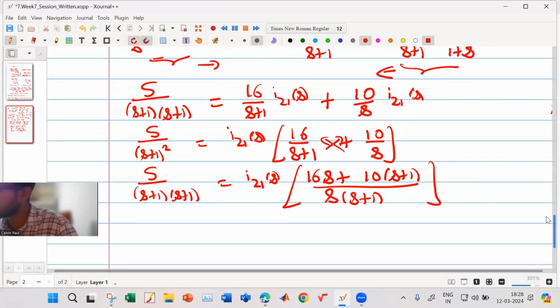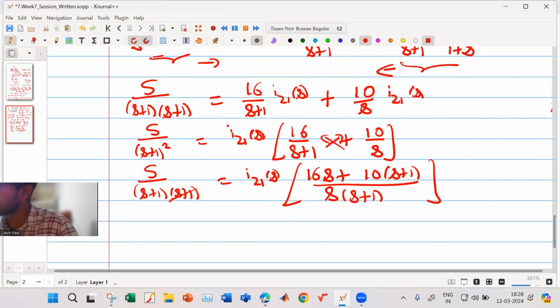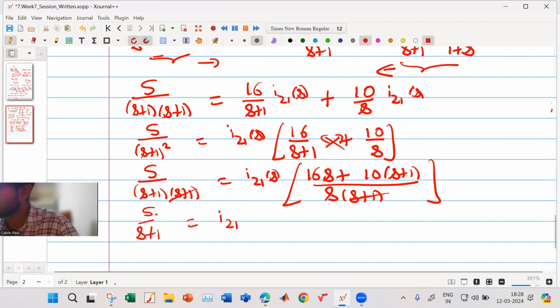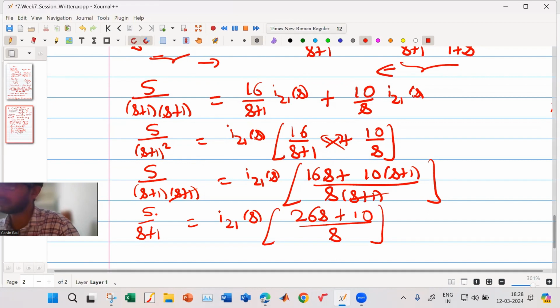So this S plus 1 and this S plus 1 get cancelled. So we have 5 upon S plus 1 is equal to I21 of S into 26S plus 10 upon S. Okay.